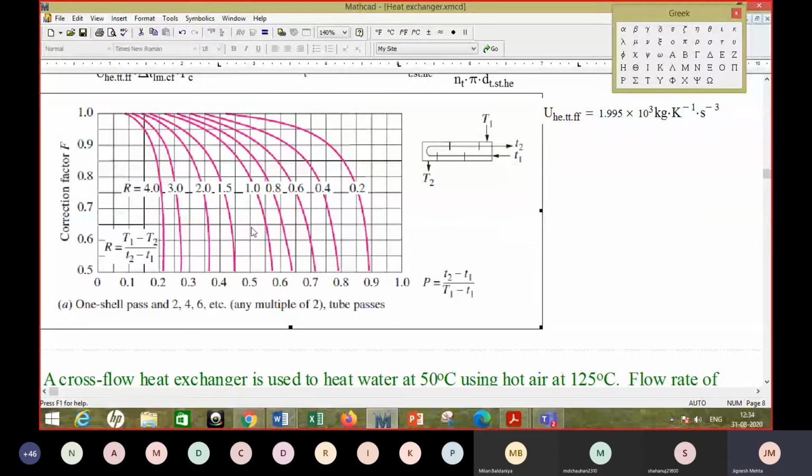So you will move along this line, and the R value is 0.661. So this curve is for 0.8, and this curve is for 0.6. Okay.